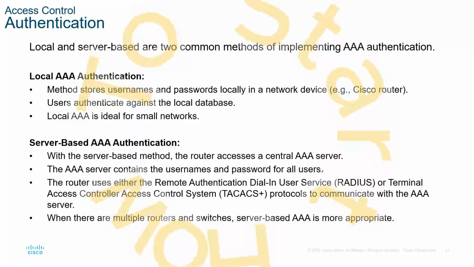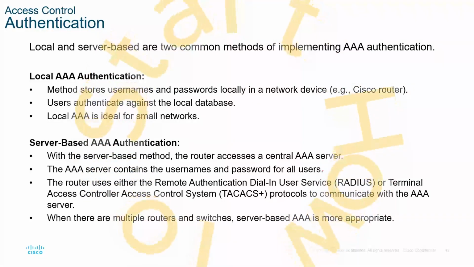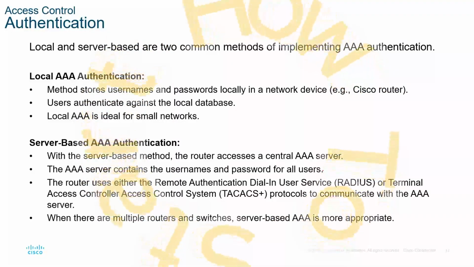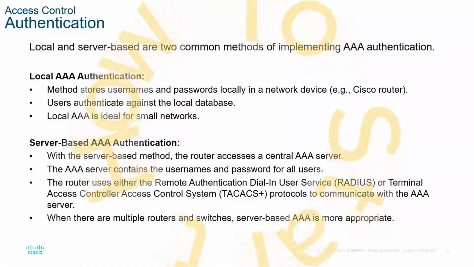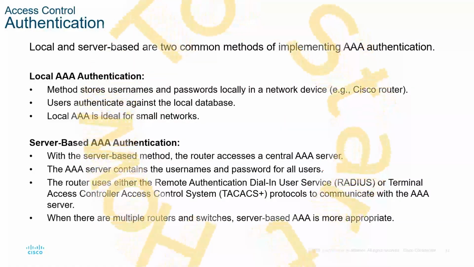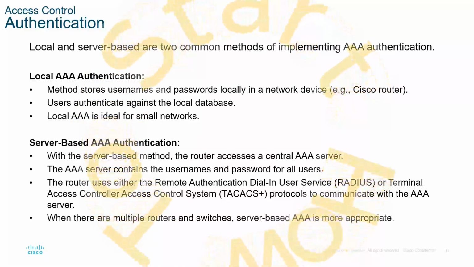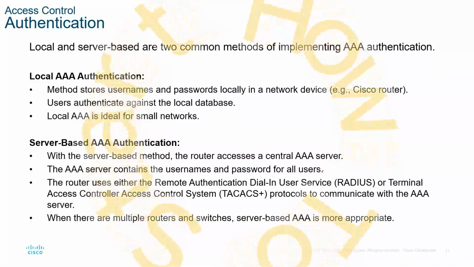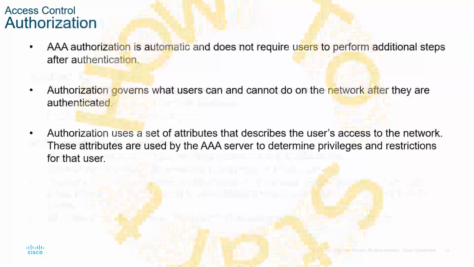Almost all current Cisco routers and switches do provide some form of server-based AAA, and that functionality is just there. All of them do support local AAA, like a Cisco router or Cisco switch, so it kind of just depends on what you're trying to accomplish. However, realistically, server-based is going to be the optimal, with local being a fallback just in case.